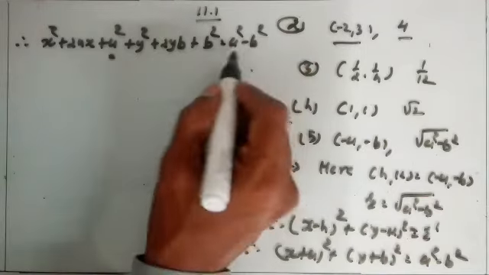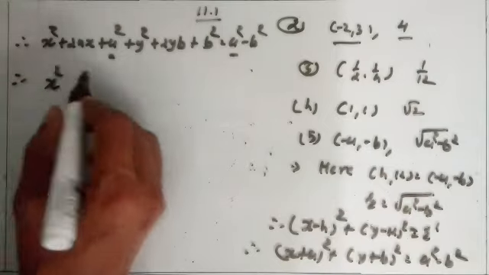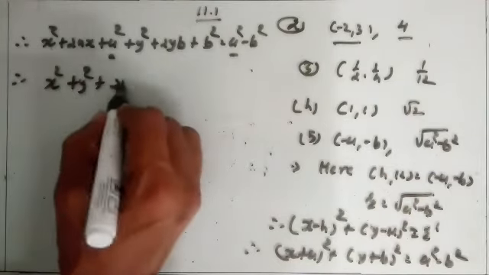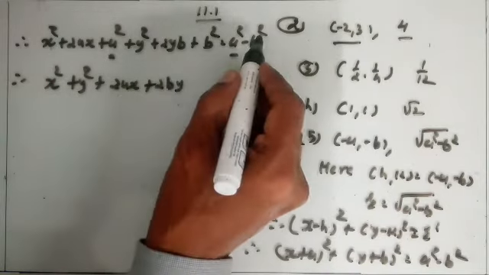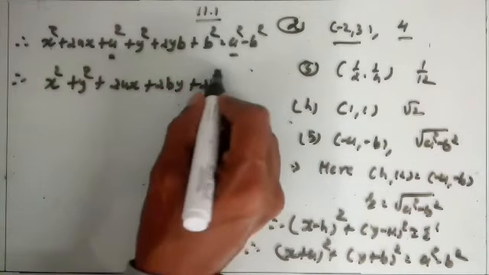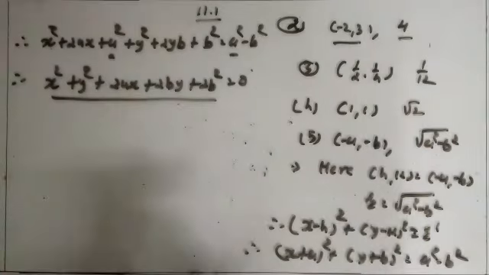From both sides a square cancels. b square take this side. So we get x square plus y square plus 2ax plus 2by plus 2 b square is equal to 0. This is the equation of the required circle. Clear?